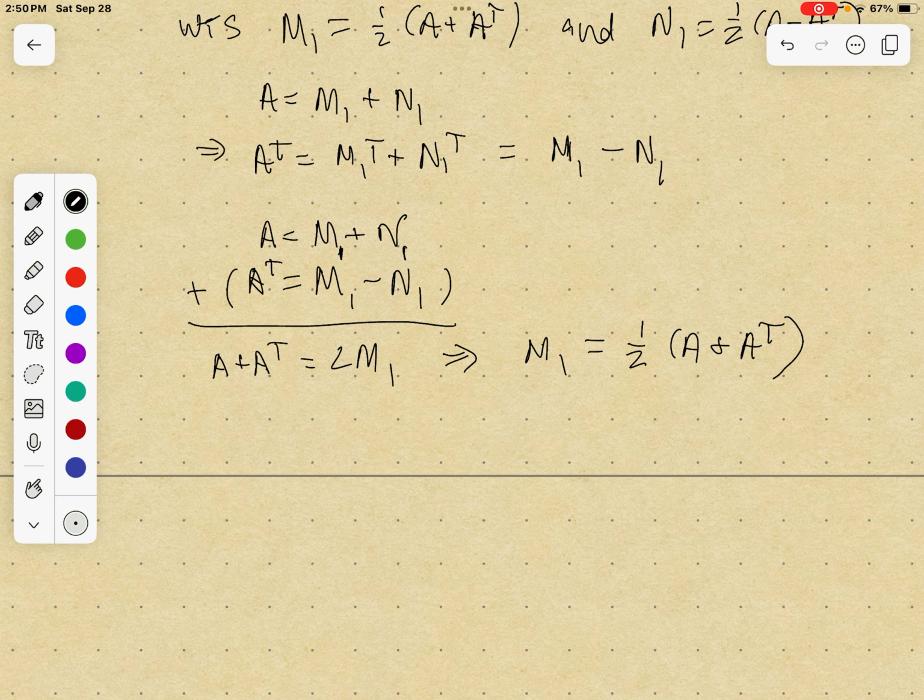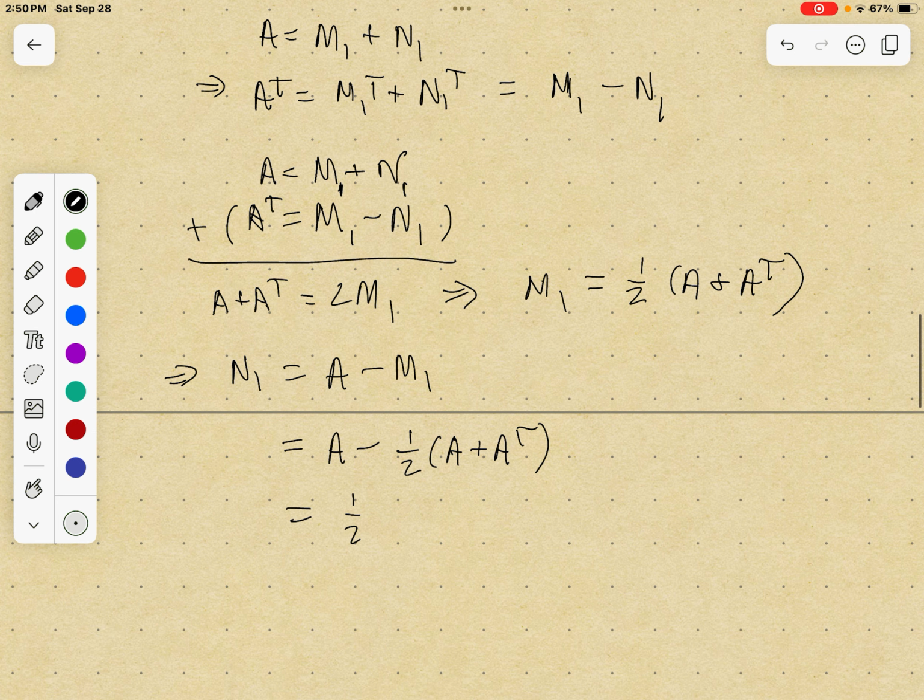And so now we have M1, and therefore N1 is A minus M1, and that's A minus 1/2 A plus A transpose, which is precisely going to be 1/2 A minus A transpose. And so therefore, there's only one way to split up A into a sum of a symmetric and skew-symmetric matrix.